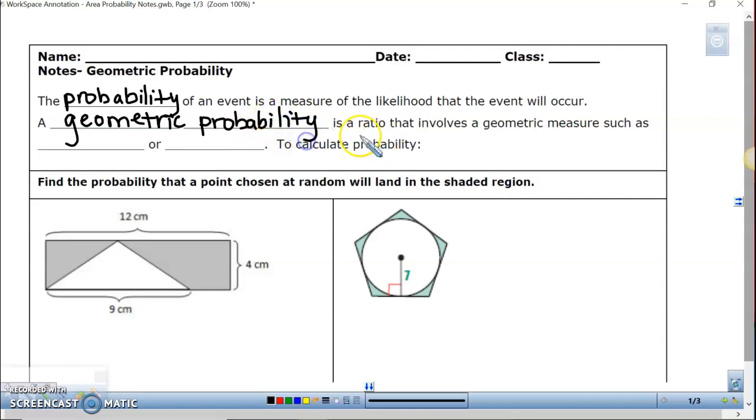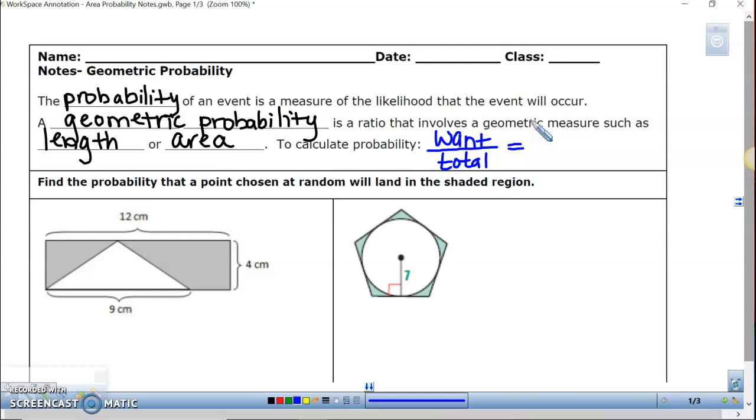Probability is a ratio that involves a geometric measure such as length or area. All right, so to calculate probability, you're going to find a ratio of what you want out of the total that you have. That is going to give you the ratio as a decimal.